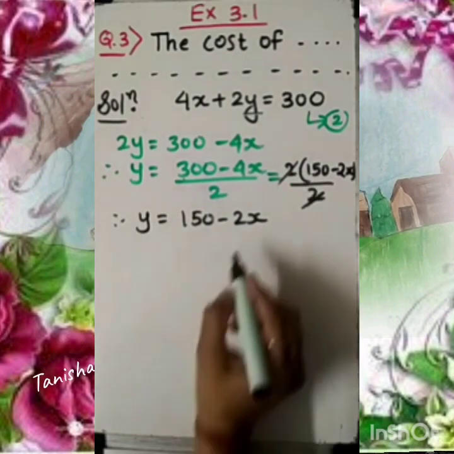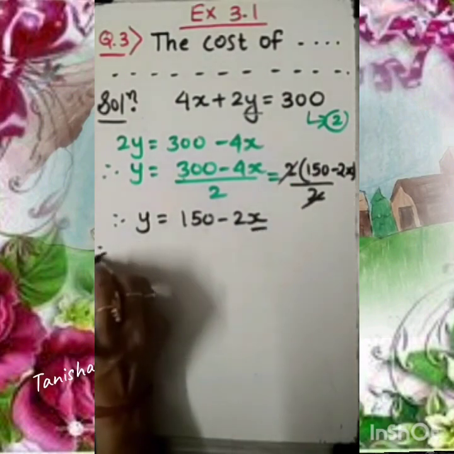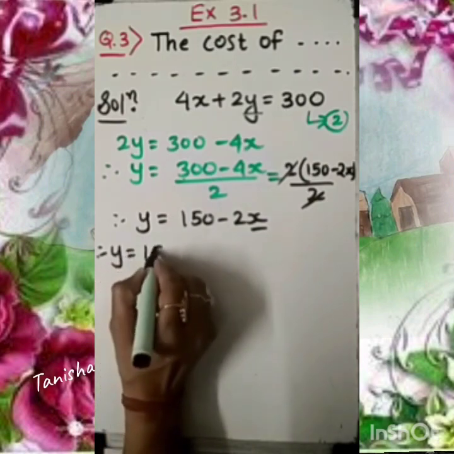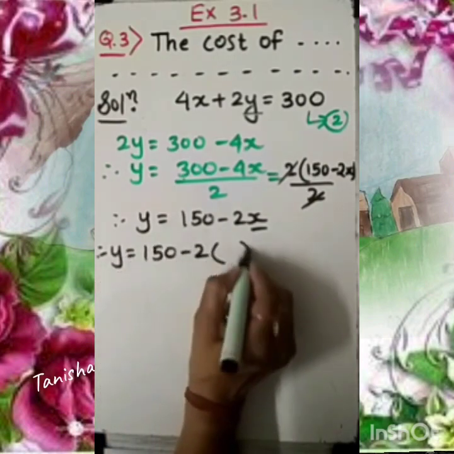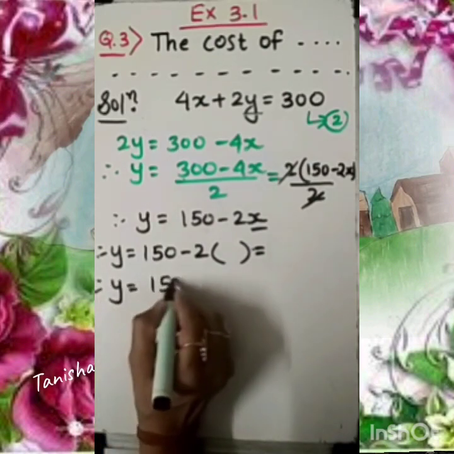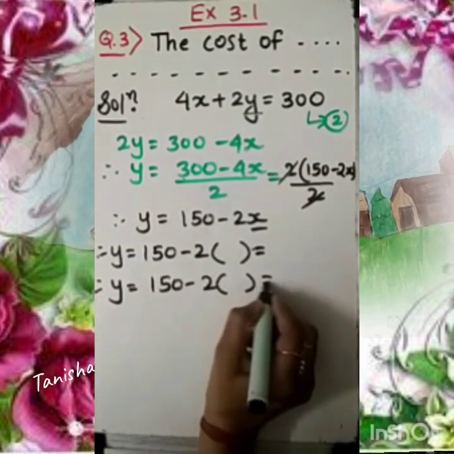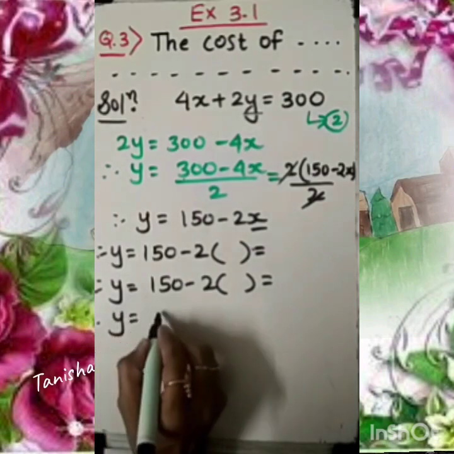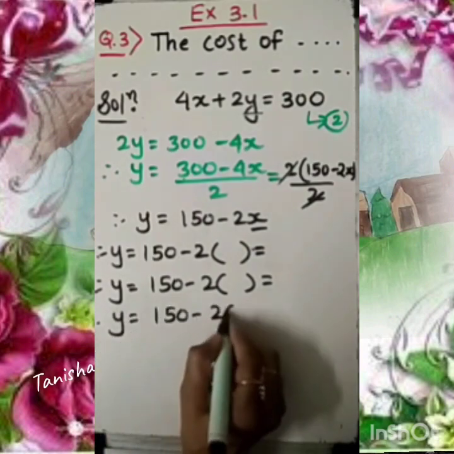Now for the different value of x, we will have the value of y. So here I am choosing, and let's write it here. Let's see what it can be. Here also I am choosing any 3 numbers.